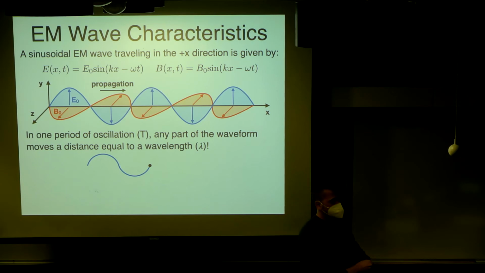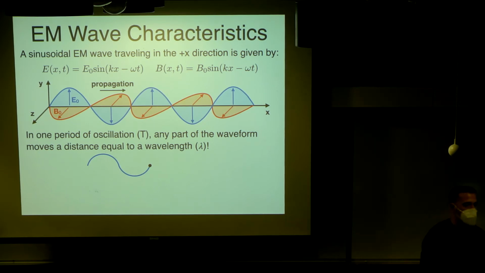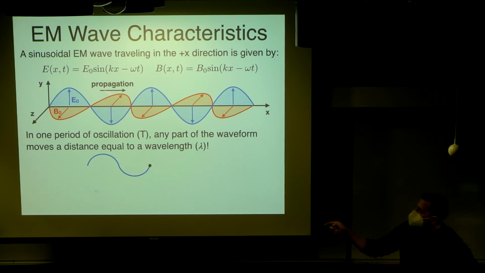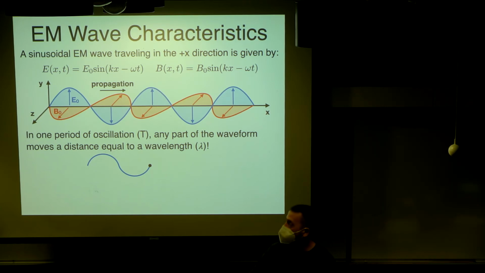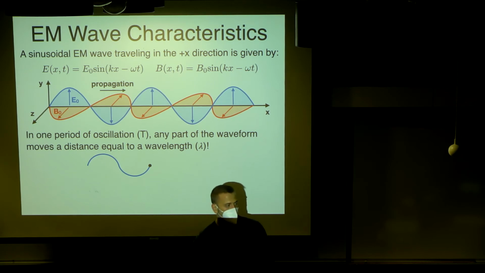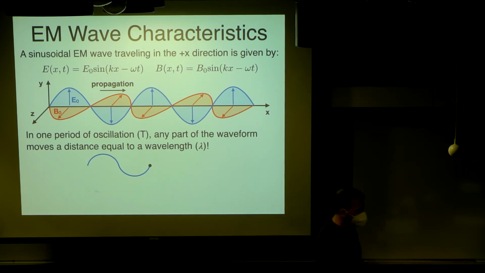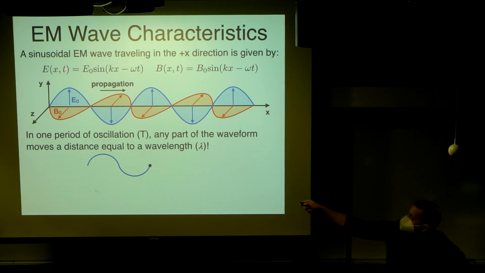So that's it. Just sine(kx - omega t) with some amplitude out front. But we have separate formulas for the E field and the B field, right? Because not only do we have an electric field which oscillates between some maximum and minimum value, but we also have a B field.